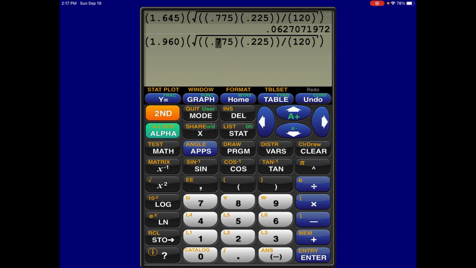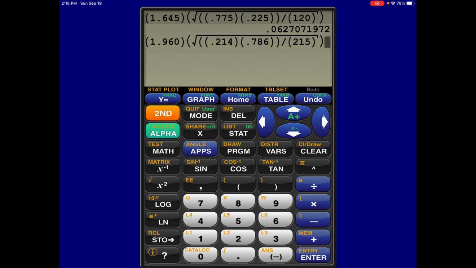P was 0.214. 0.786. Ooh. See the mistake here? Two decimals, bad. Okay, I know what happened. I'm missing a parentheses right here. So I'm going to press second delete. And it created that space. I'm putting a parentheses right there. Okay. And then divided by 215.